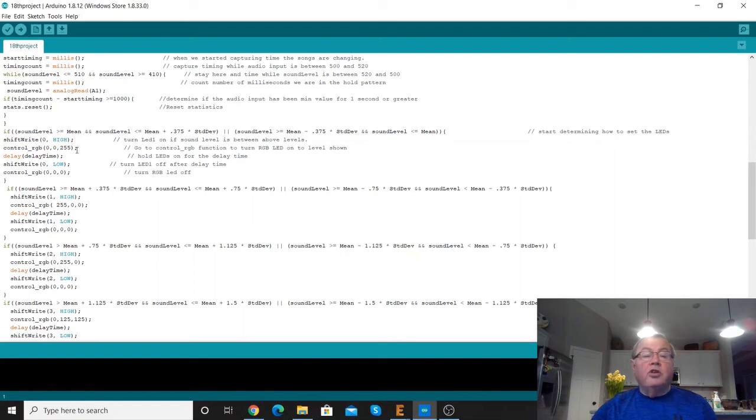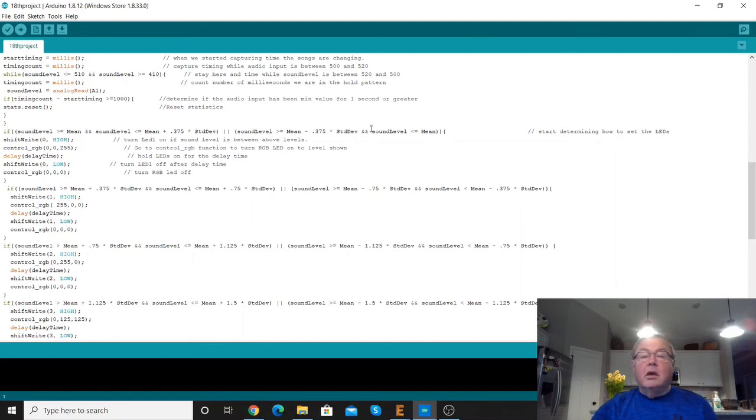And we're going to turn our RGB on at a particular color. And then we're going to delay by our delay time, which is 100 milliseconds. And then we're going to turn the LED off and turn our RGB off.